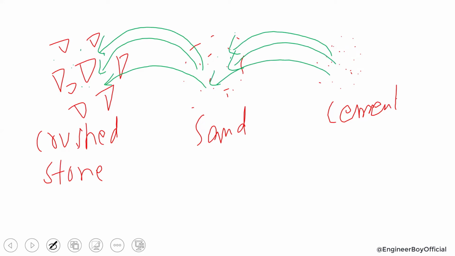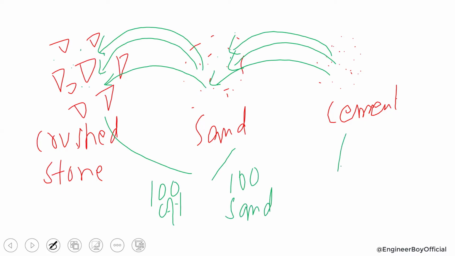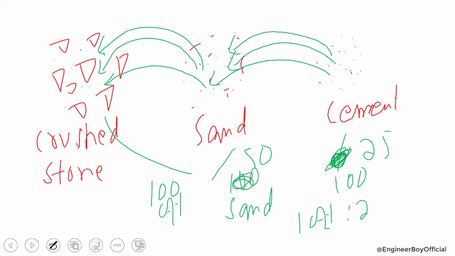And this is the idea. So let's say if we bring 100 CFT crush stone, 100 CFT sand, and even 100 CFT cement, which is actually not the same thing, right? This can be 50 maybe, this can be 25, or let's say if we have 1 CFT, then 2 CFT, and then maybe 4 CFT.